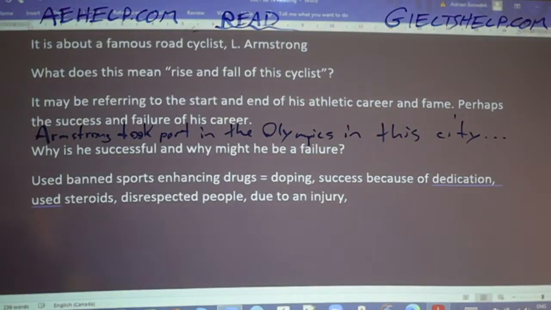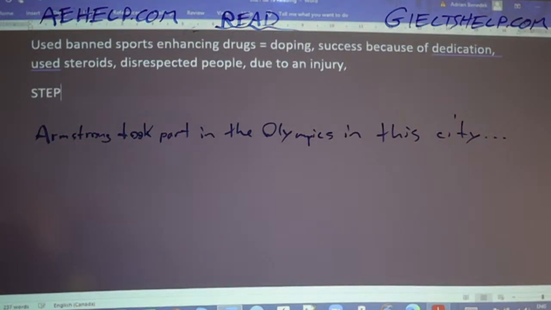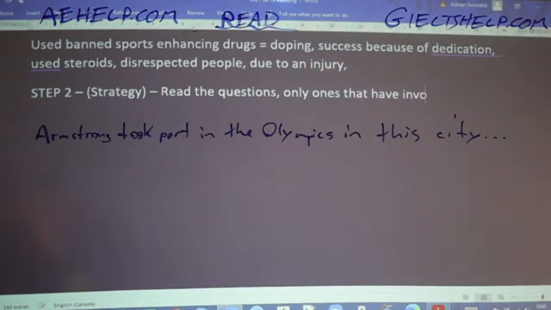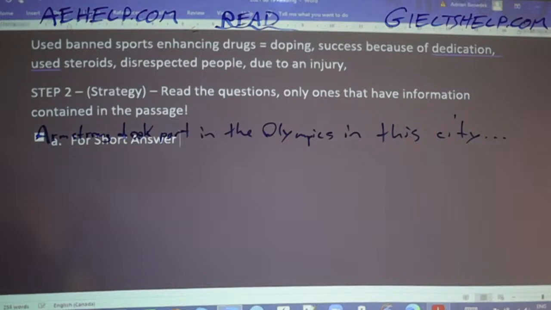So step 2, and again, this is more strategy here, everyone, for your reading. Okay, so keep that in mind. We're not just doing this for fun. Okay, so more strategy. Read the questions, only ones that have information contained in the passage. Okay, and for short answer questions, this is what you want to do.